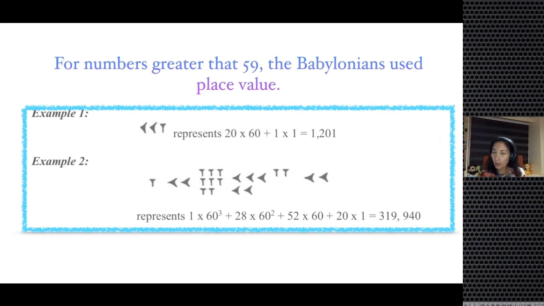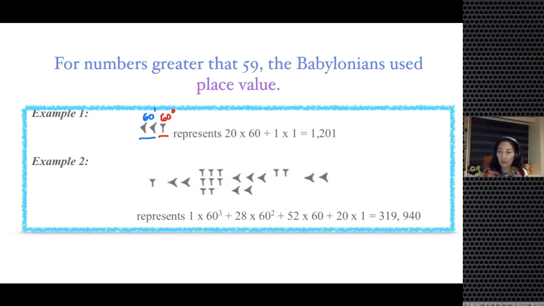Now, this 1 here, let me underline, is for 60 raised to 0. And the 2 horizontal wedges here are for 60 raised to 1.